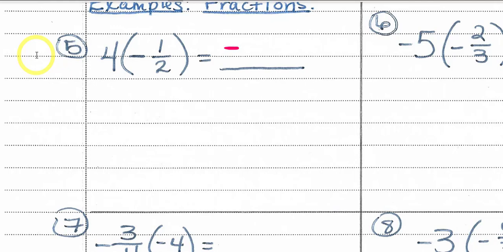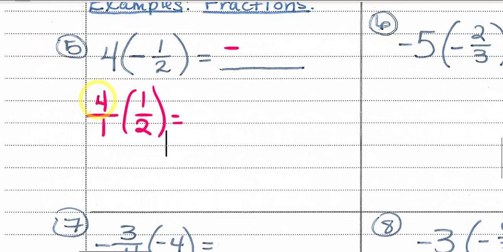So I'm going to multiply 4 times 1/2. Now, you would want to write the 4 as a fraction. It's an integer, so we write it over 1, and we're going to multiply that times 1/2. I'm leaving out the negative because I've already determined my answer is going to be negative. And when we multiply fractions, if you remember, you simply multiply the numerators and then the denominators, simplifying whenever you can.